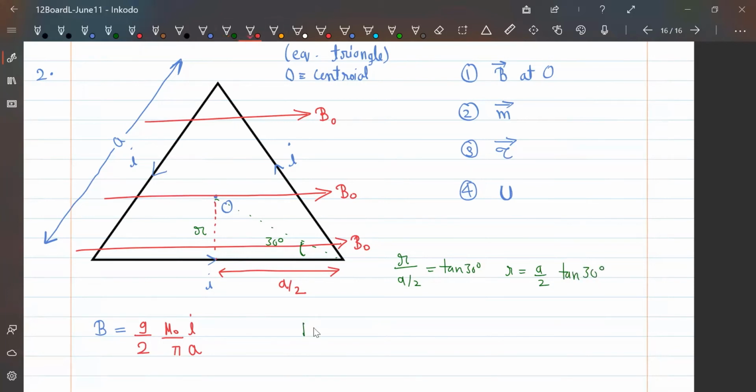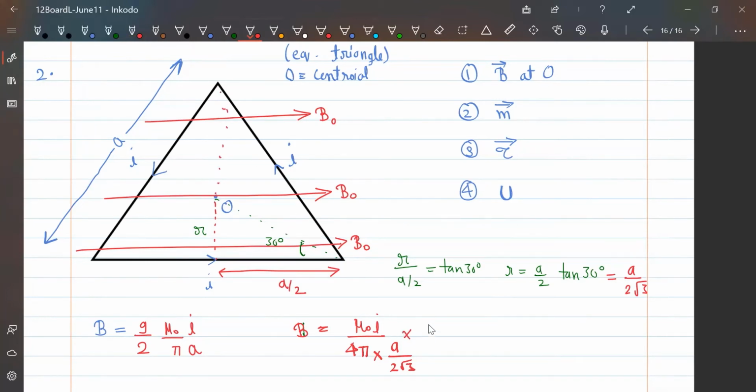So if I write the magnetic field, that will be mu naught I by 2 pi times A by 2 tan 30. Tan 30 is 1 by root 3, so A by 2 root 3. So mu naught I by 4 pi, and R replaced by A by 2 root 3, and then sine phi 1 plus sine phi 2. This will be 30 degree, 30 degree.